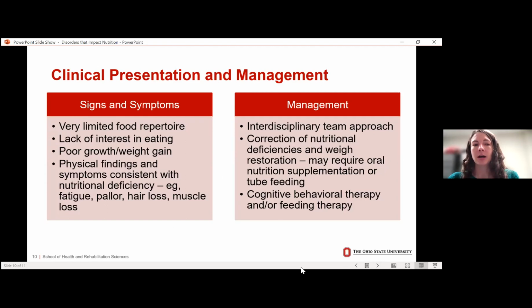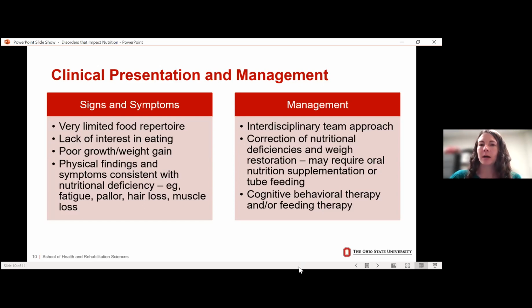For example, fatigue and pallor are common with nutritional anemias, such as an iron deficiency or B12 deficiency. Hair loss as well can indicate nutritional deficiency. Muscle loss, not getting enough energy and protein in the diet. And muscle loss too can decrease muscle strength, muscle function, start to lead to fatigue as well.